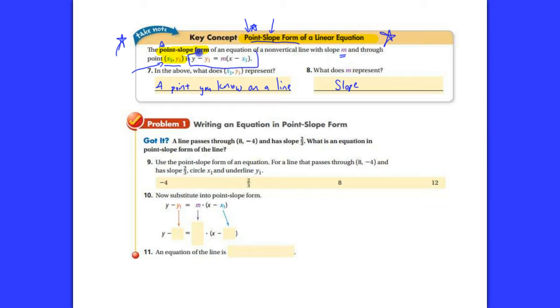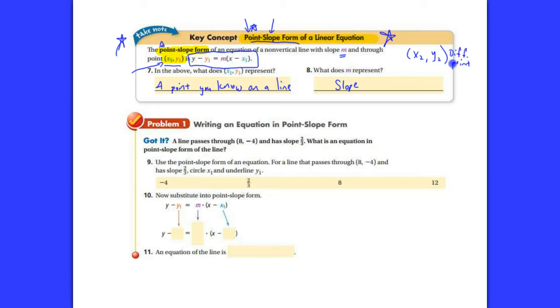Y minus y sub 1 is equal to m times the quantity x minus x sub 1. And remember that x sub 1, y sub 1 just means one point you know on the line. Consider this: if x sub 1, y sub 1 is one point on the line, what do you think x sub 2, y sub 2 might mean? That would be some other point, different from x sub 1, y sub 1, that is also on the line.